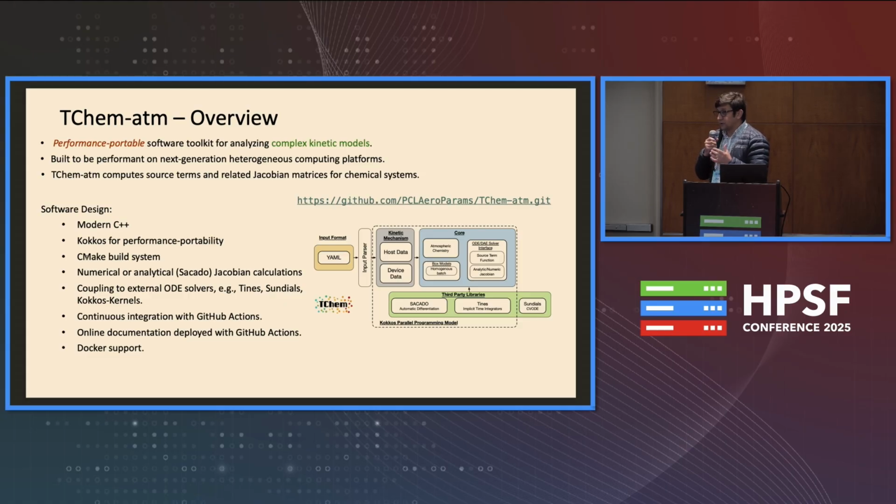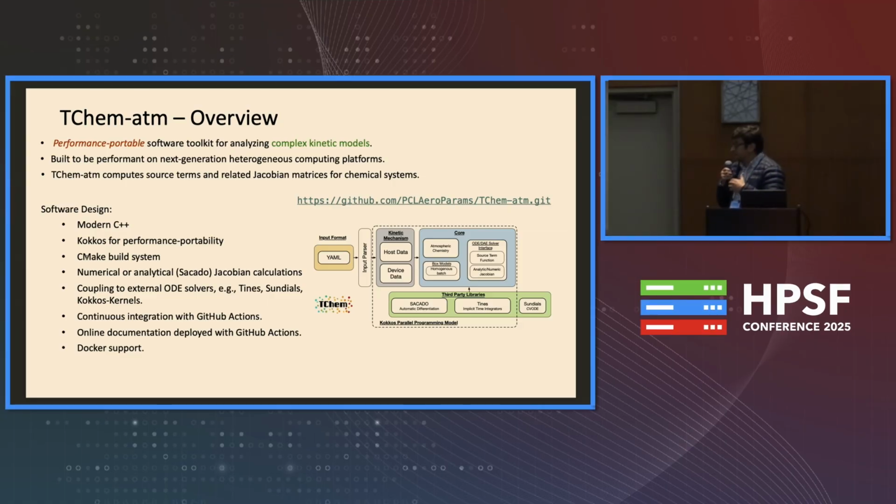So what our code does is take information from reaction mechanisms, which is a list of reaction species, parse that information, put that information in data objects that we can access, and then we can implement these source terms and Jacobian matrices. And then we rely on external parties for the time integrations.